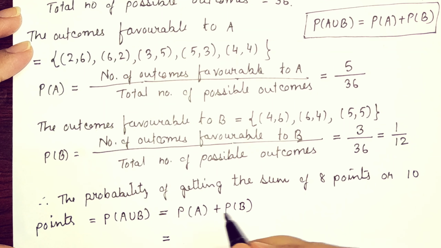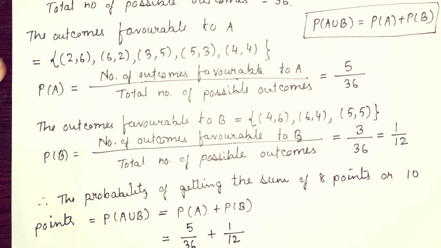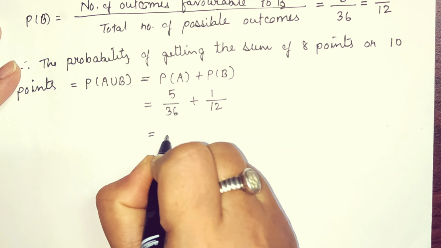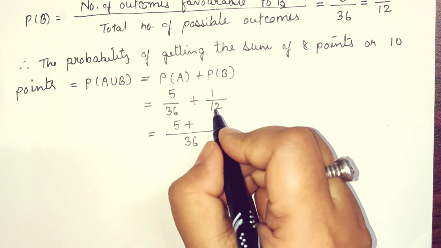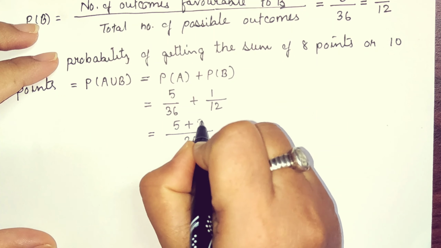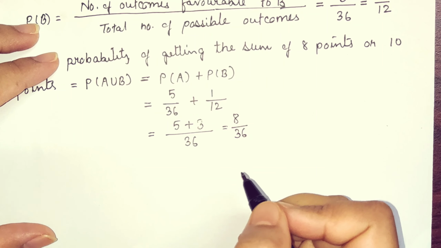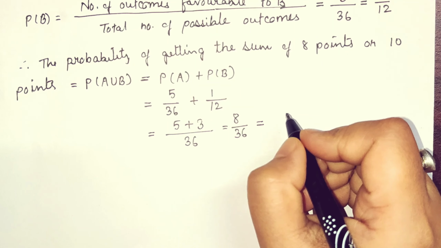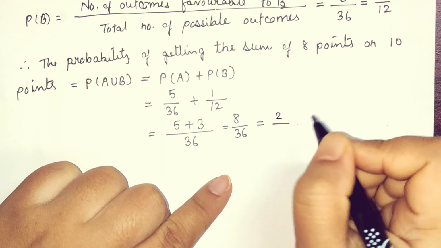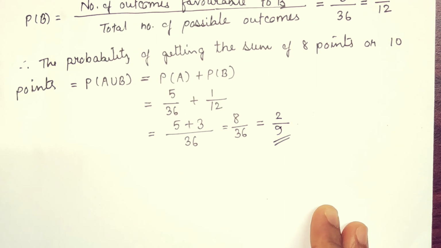Substitute the values. P(A) is equal to 5 divided by 36. P(B) is equal to 1 divided by 12. Take the LCM 36: 5, then this value will be 3. So 8 divided by 36, again dividing by 4, it will be 2 by 9. Final answer is 2 by 9.